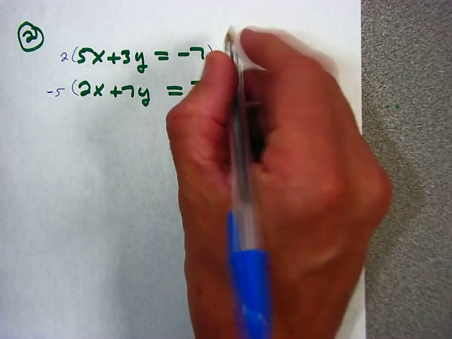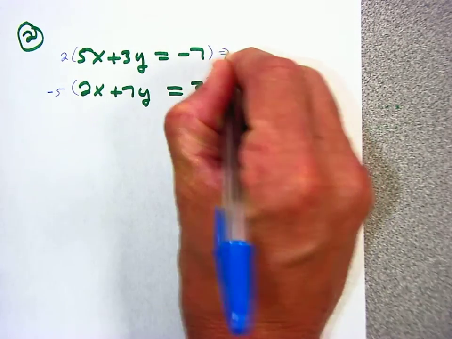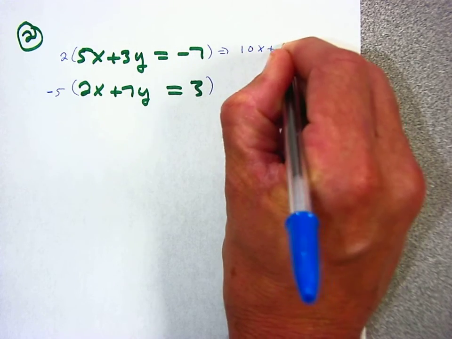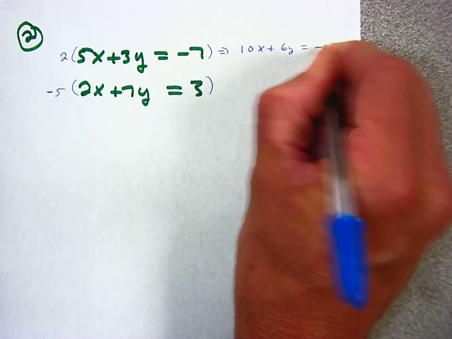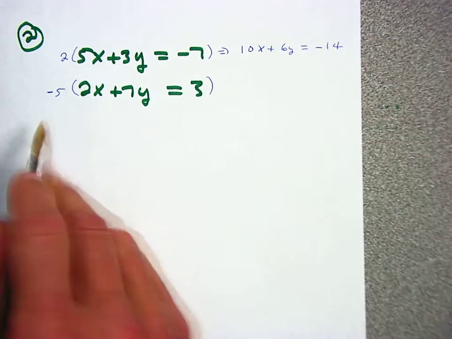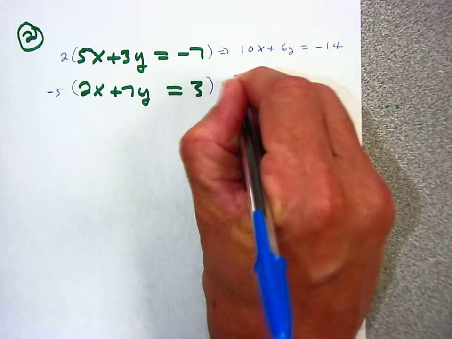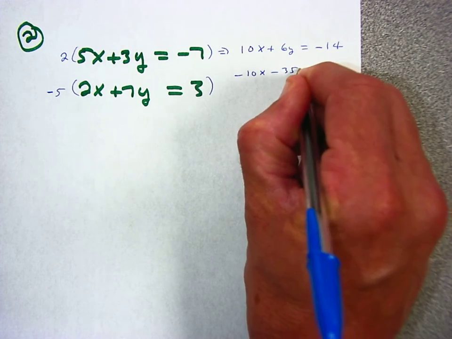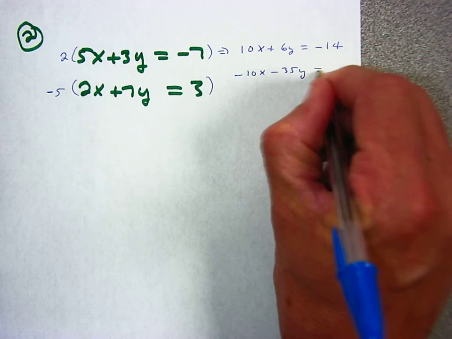All right, so here's your new top equation: 10x plus 6y equals negative 14. Your new bottom equation is negative 10x minus 35y equals negative 15.